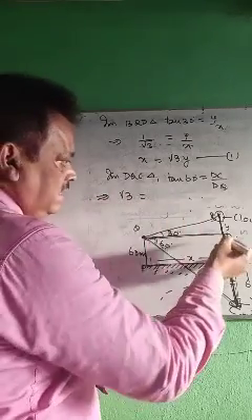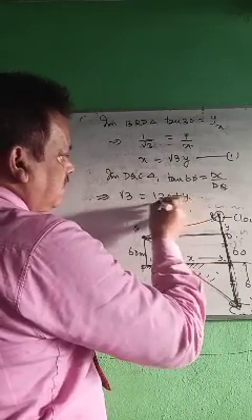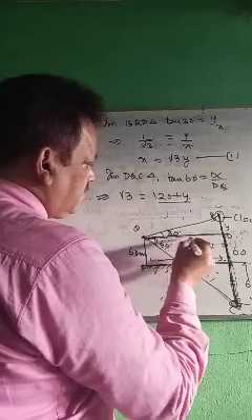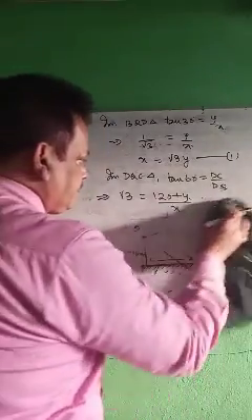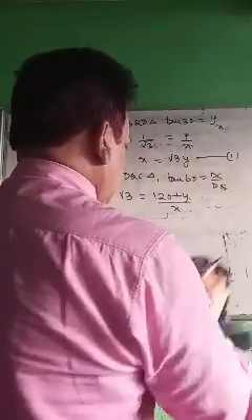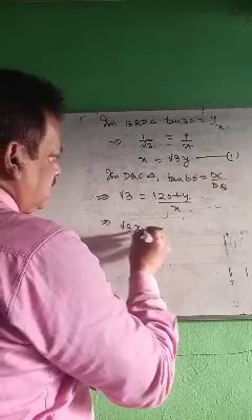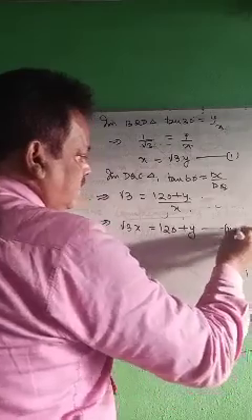Root 3. DC just now you found out 120 plus y by DQ. DQ is x. So do cross multiplication. So root 3x equals to 120 plus y, equation number 2.